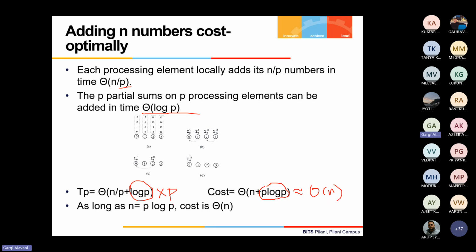As long as p log p is equivalent to n or less than n, this value becomes equivalent to theta of n, and hence this solution becomes cost optimal. Is it clear now? Or does anyone still have doubts?